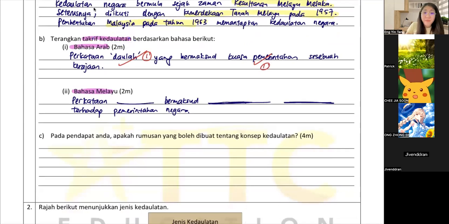What's the original word? The original word is daulat. 1 mark. Daulat means kuasa tertinggi, kekuasaan tertinggi, the supreme power. Okay? So that's the thing here.